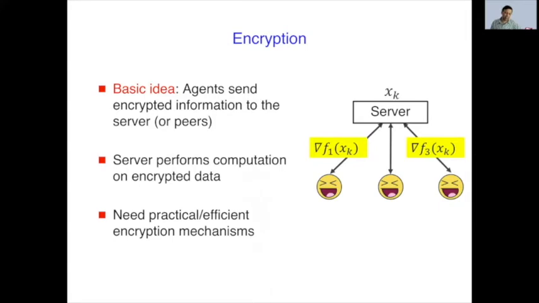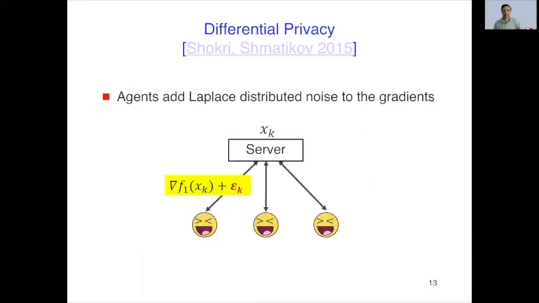And so I think we have to do more work to obtain efficient cryptographic techniques for achieving privacy for distributed optimization. As far as I know, such efficient mechanisms don't exist yet. For example, one might want to use homomorphic encryption or something like that for distributed optimization, but then those encryption schemes have to be computationally cheap.